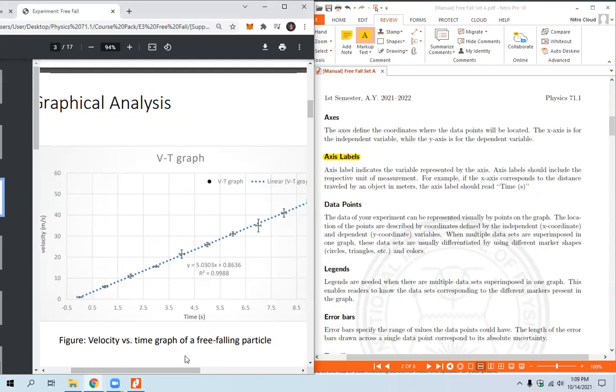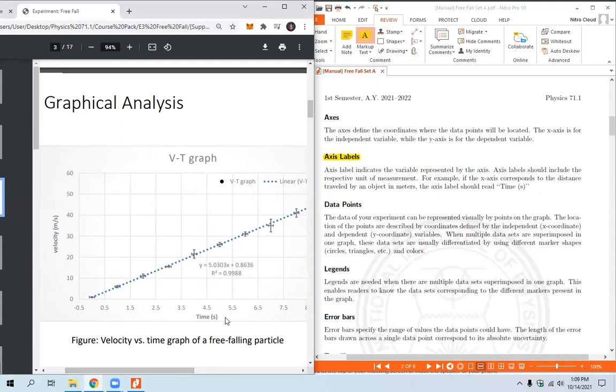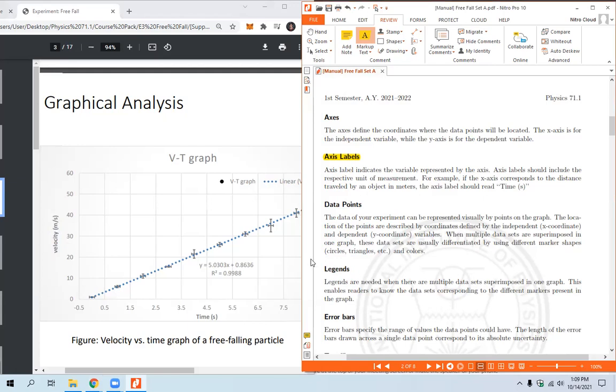For example, tong graph na ito, nilabelan niya ng time in seconds and ang velocity niya, nilabel niya din yung y-axis niya. So very important yan na both kung anong quantity ang dinidescribe and kung anong units niya ang ilagay para madali lang basahin basically. Kasi imagine nyo na lang kung wala yan. So nobody aside from you will know what you are graphing. So these are very important details that you want to include.